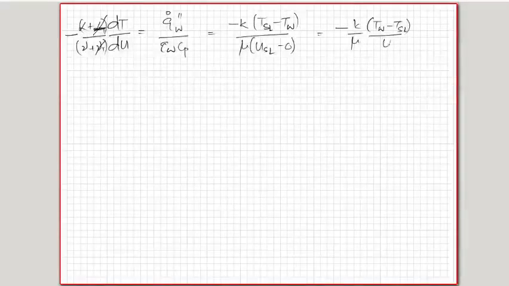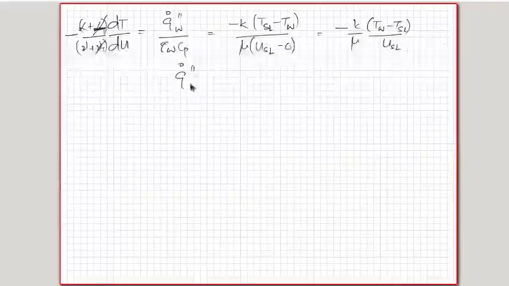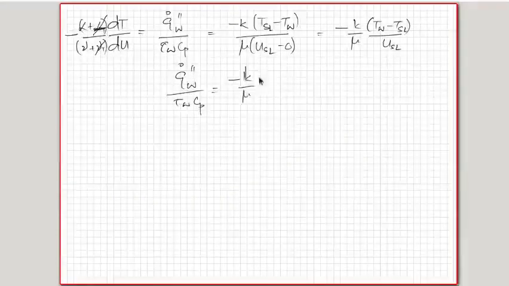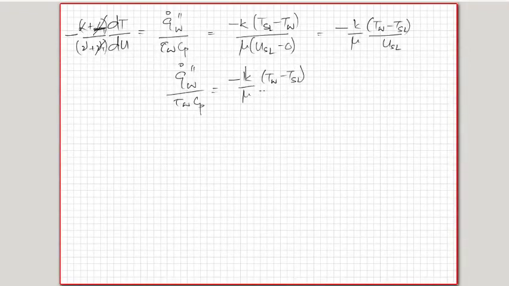This equation is called the equation of the sublayer, so I'll write it separately again. q dot double prime wall divided by tau wall Cp is equal to minus k by mu multiplied by T wall minus TSL divided by USL. The minus sign has been absorbed, that's why it's T wall minus TSL.